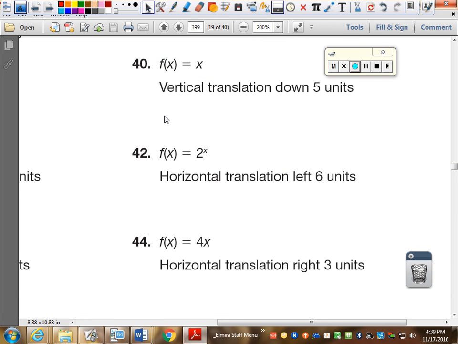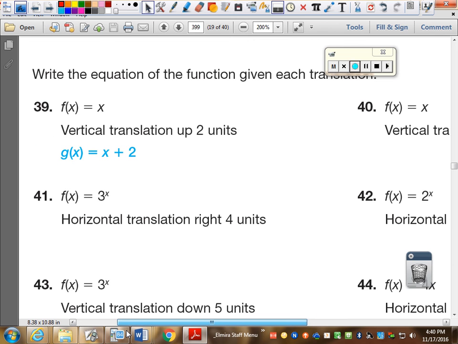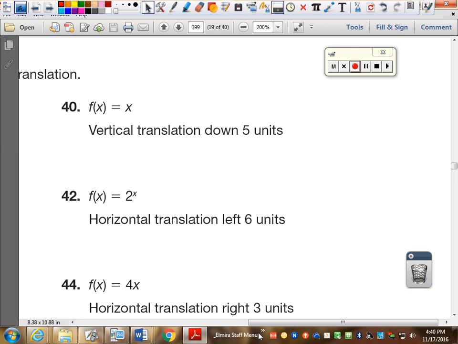Okay, the next section, the directions want you to write the equation of the function given the translation. So a vertical translation of down 5 units means subtract 5 from the entire function. So g of x will equal 2 to the x minus 5.